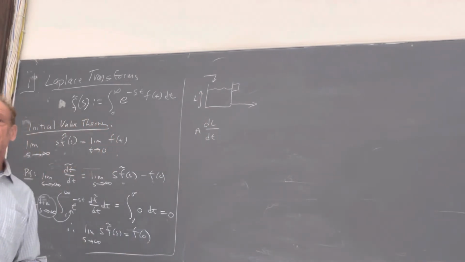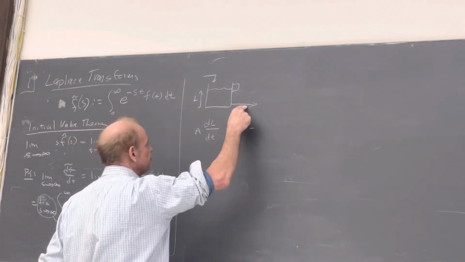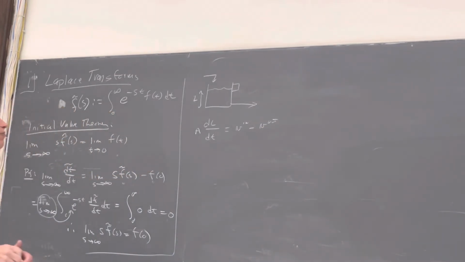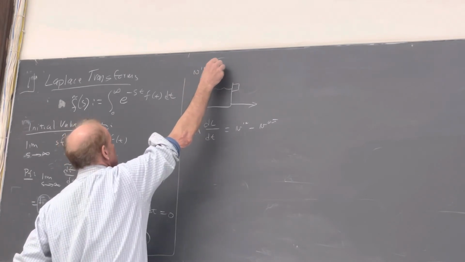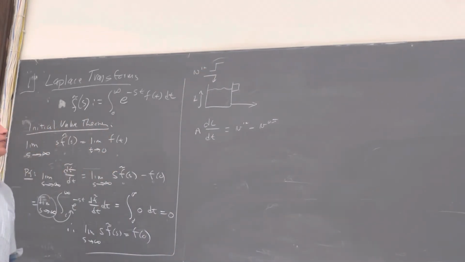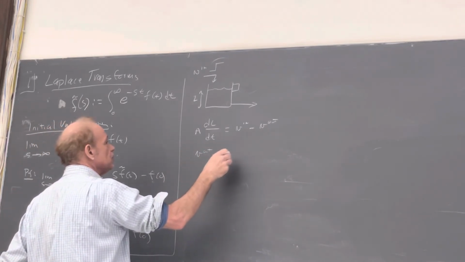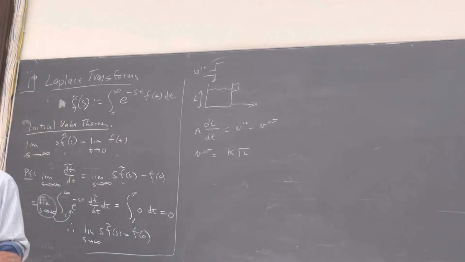That's the change in volume, which is equal to V in minus V out. What we're going to assume is that V in undergoes a step change at t equals 0. And we said V out was equal to K square root of L, and we derived that from Bernoulli's equation last time.